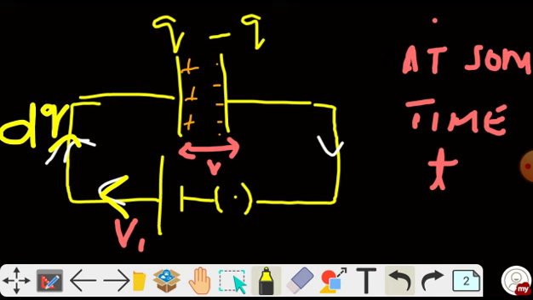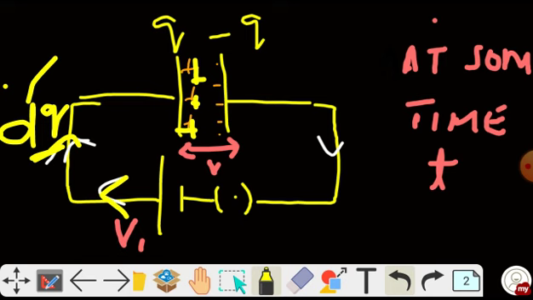So will this capacitor happily accept this charge, or will it oppose? Yes, it will oppose. Why? You can clearly see that there is already some positive charge on this plate, and since the battery is sending a positive charge, this plate will repel this dq charge. It will not allow this dq charge to come towards it.